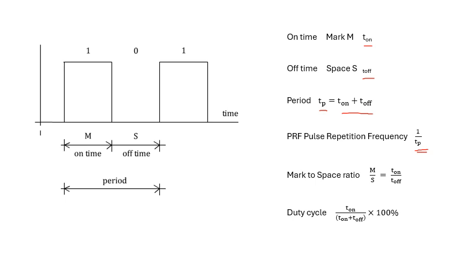And again, on my diagram, that's 1 to 1, but again, it doesn't have to be at all. And then the duty cycle is basically the percentage of the time that it's on. So T on divided by T on plus T off, times 100%. So you need to know these terms, yes, learn what they mean.